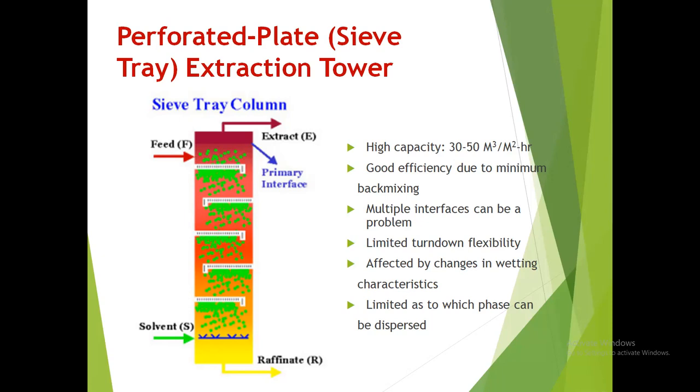Your toluene was made as the continuous phase and your dimethylamine was made as the dispersed phase. So in the case of a sieve tray extraction tower, you cannot interchange. If it's designed that the dispersed phase is the solvent phase, that's it, you cannot interchange it.